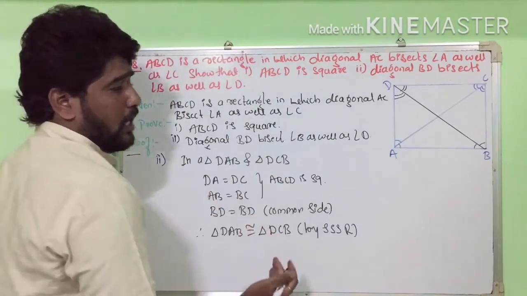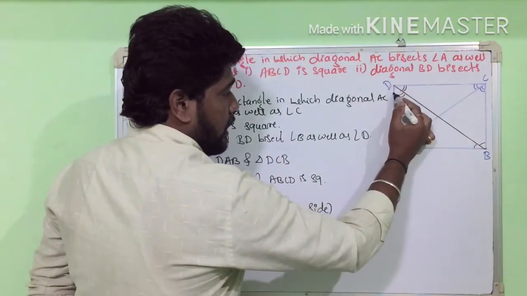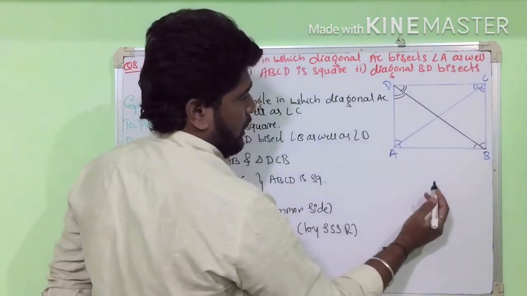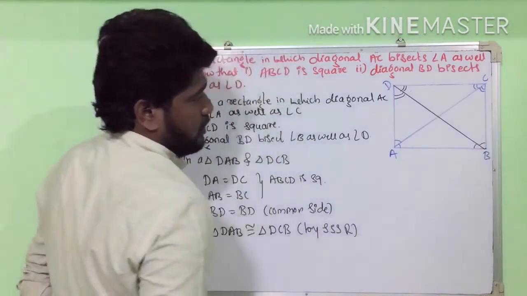So these two triangles are congruent to each other, which means their corresponding parts are equal. So here AD corresponds to BC, it means these two are the corresponding parts, and AB corresponds to BC, so these two are corresponding.